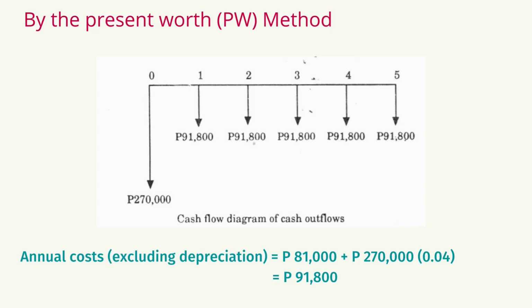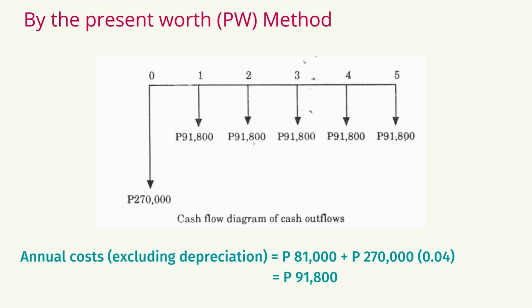We will also get the present worth of all the cash outflows. First, at year 0, the cash outflow is the initial investment of 270,000. And then the annual costs. Here in the present worth method, by the way, you will exclude depreciation. So only the operation and maintenance of 81,000 from the problem again, plus the taxes and insurance of 4% of the initial investment.